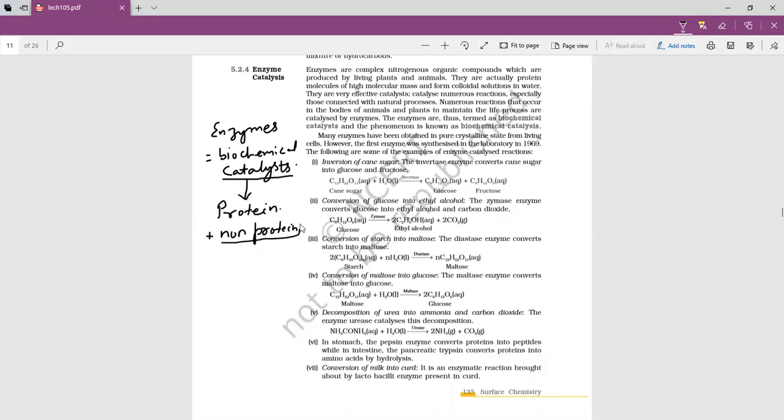This non-protein part can be of two types: cofactor and coenzyme.